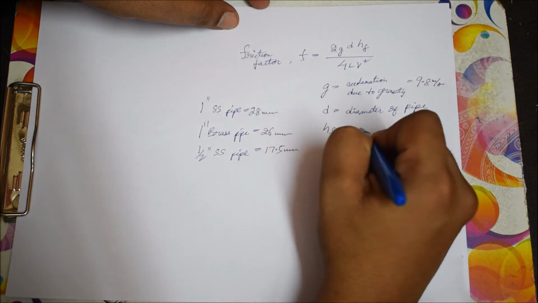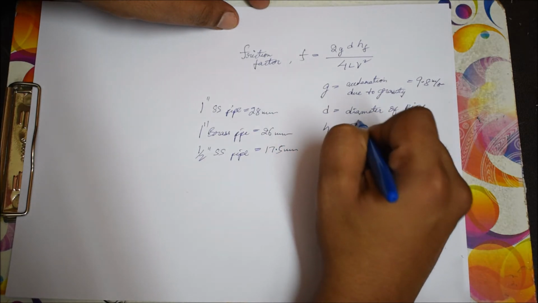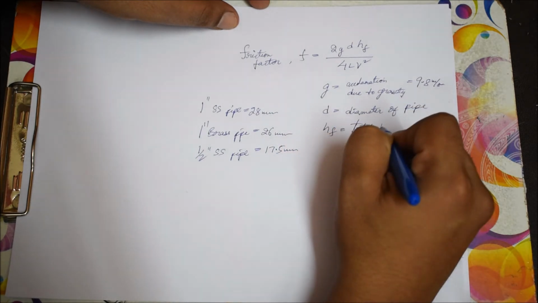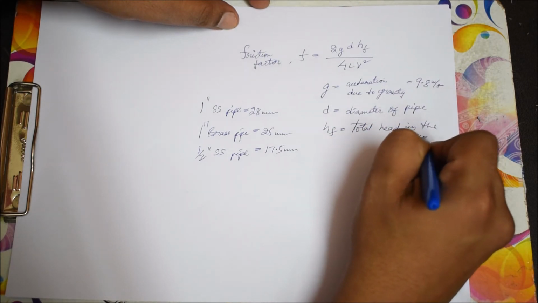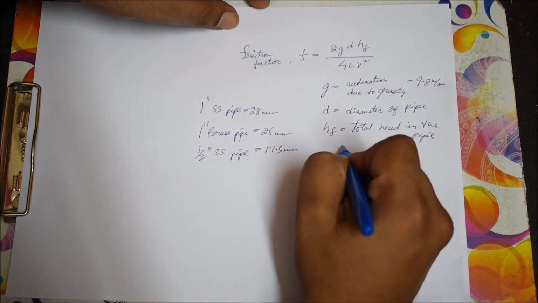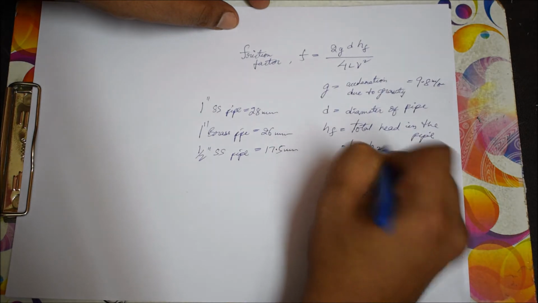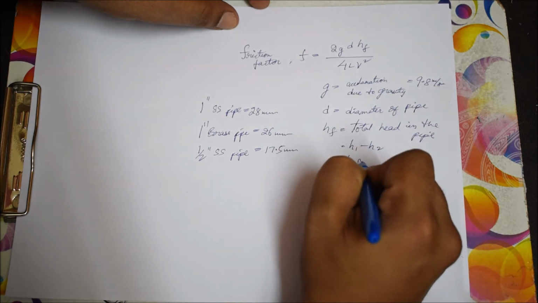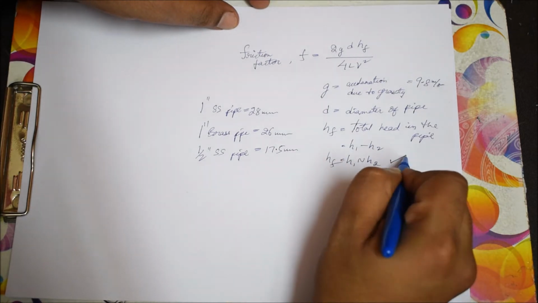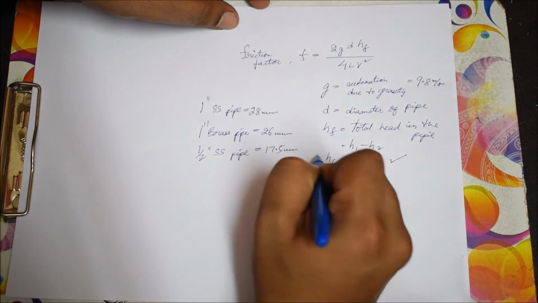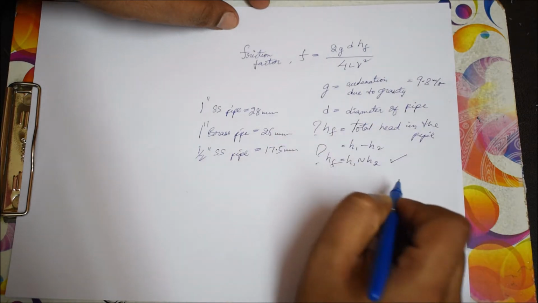hf is nothing but total head loss in the pipe, which is given by h1 minus h2, or h1 difference h2. This is to be calculated by the readings.